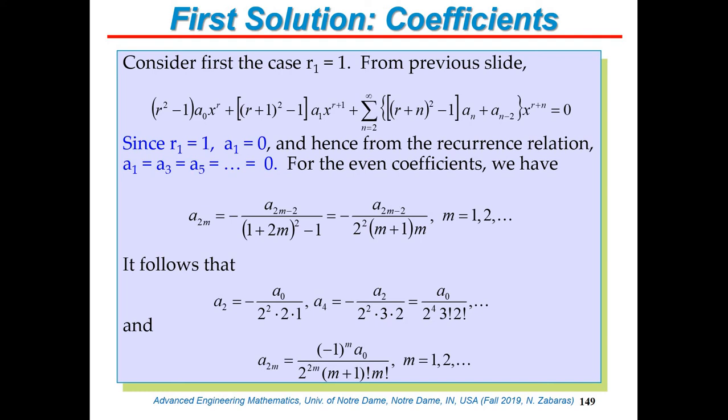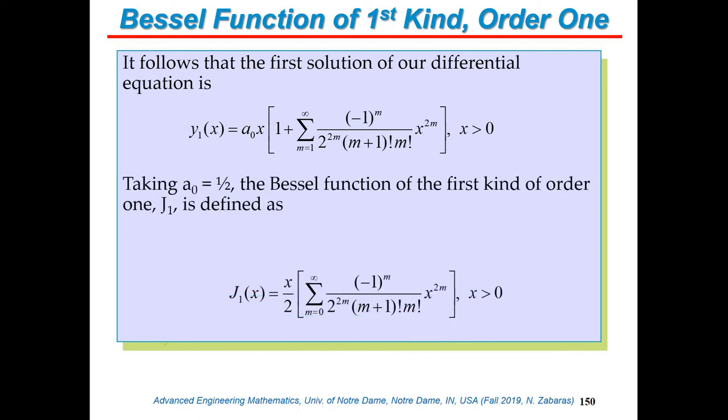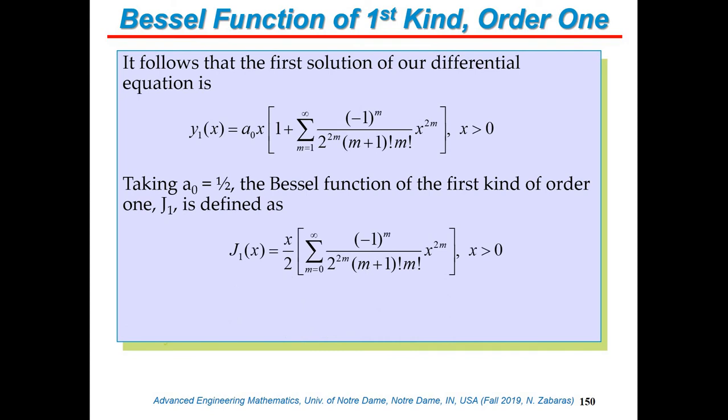When you put all of this together, you actually get our first Bessel function of the first kind of order 1, which looks like this rather complex series. If you take a0 to be equal to 1/2, you can simplify this as what you see here.